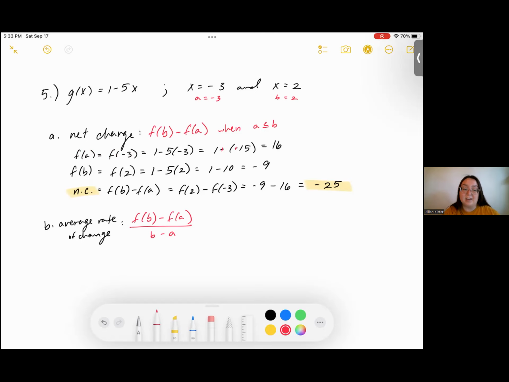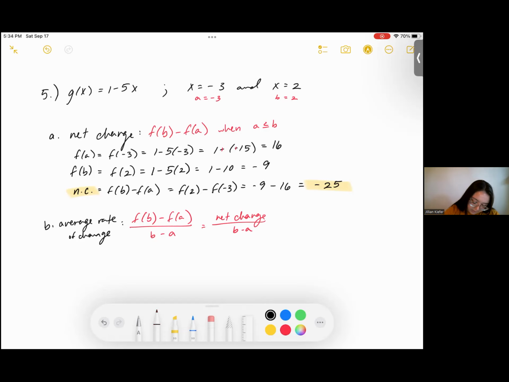And on top of that, if we look at the average rate of change, the numerator is f of b minus f of a, which is the net change. So this is really the net change divided by b minus a. And we already know what the net change is. We said the net change was negative 25.